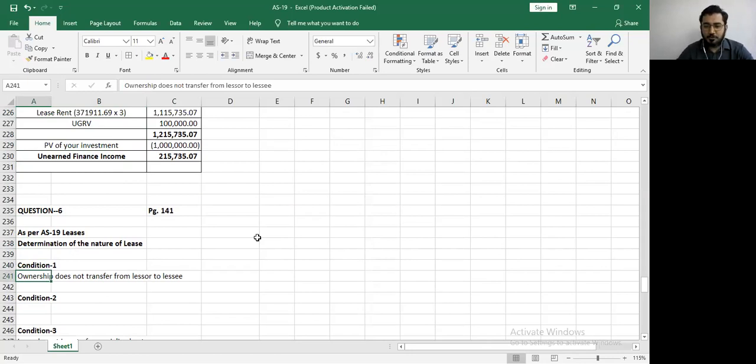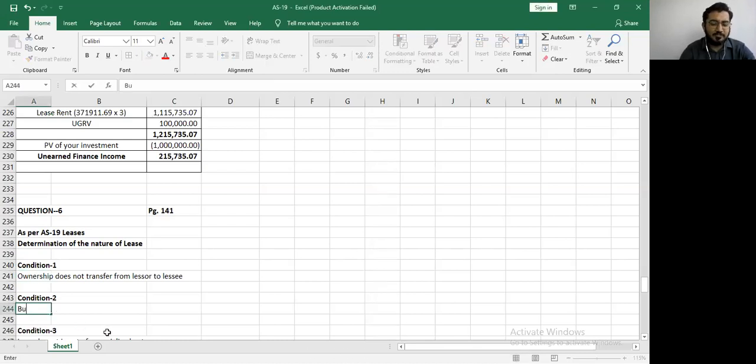Okay, my second question to you, is buying option available in the question? That's my question to you. Is buying option available? No, which means the second condition for finance lease is not satisfied. So I'm writing over here, buying option is not available.